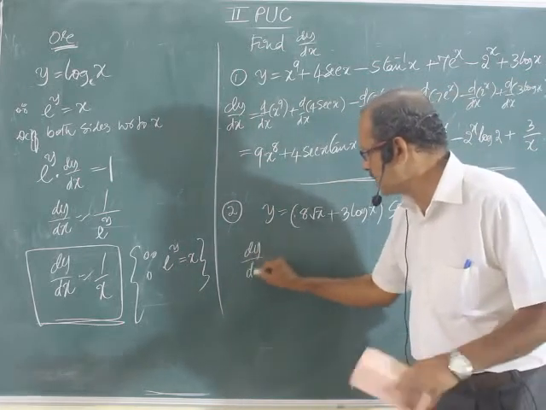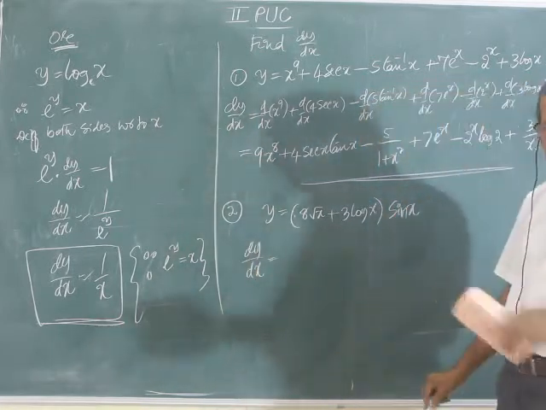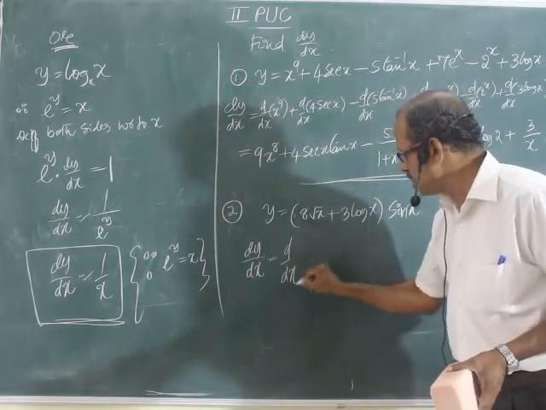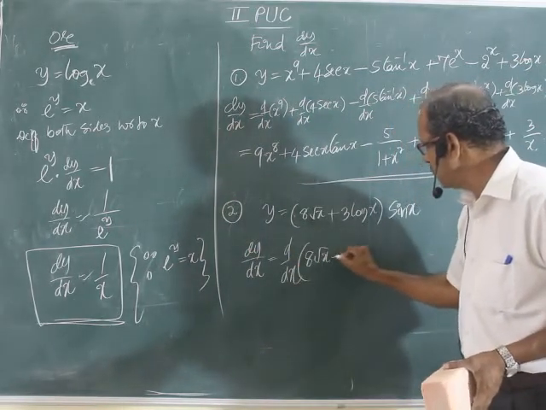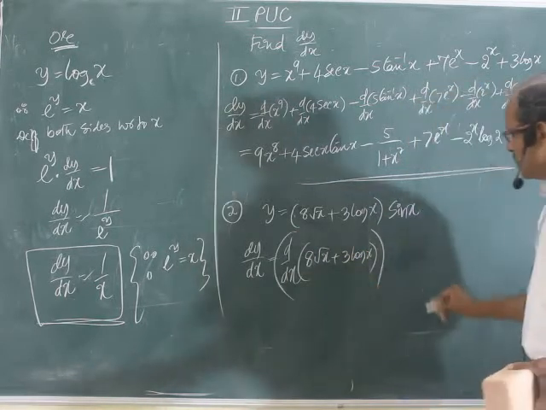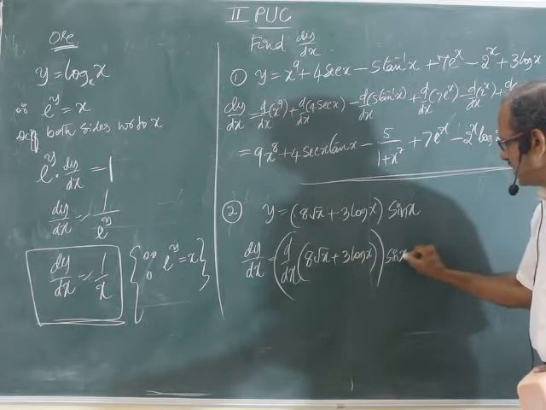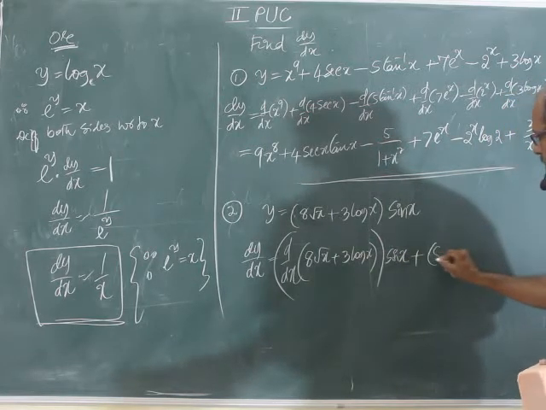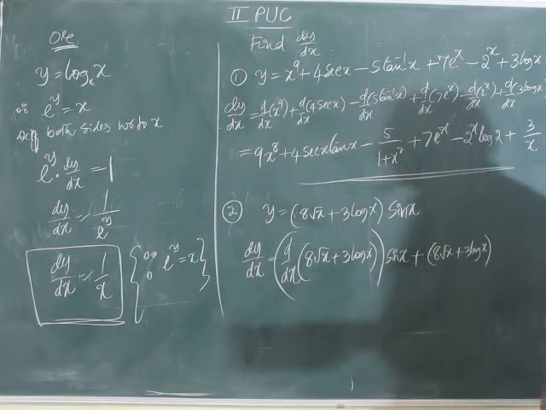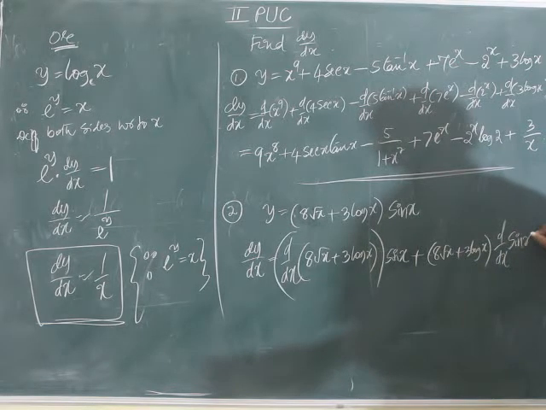dy by dx, d by dx of 8 root x plus 3 log x into second function as it is. Now first function as it is into derivative of the second.